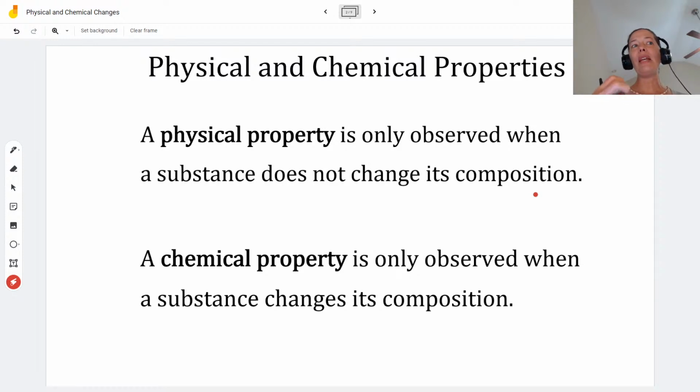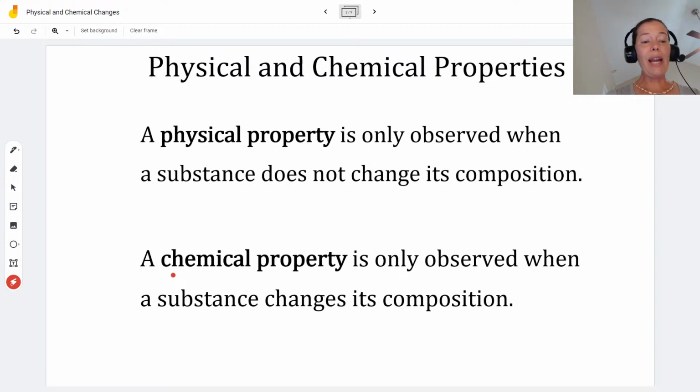Density, even properties like malleability or ductility, hardness is a physical property. So these are all properties that don't depend on the substance changing composition. Again, the appearance may change, but the substance itself does not change.